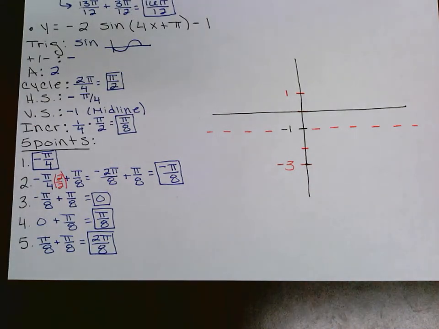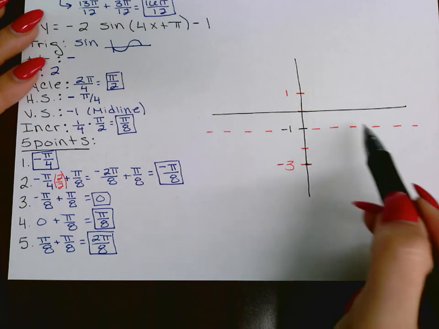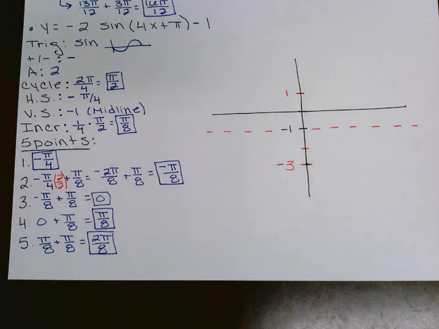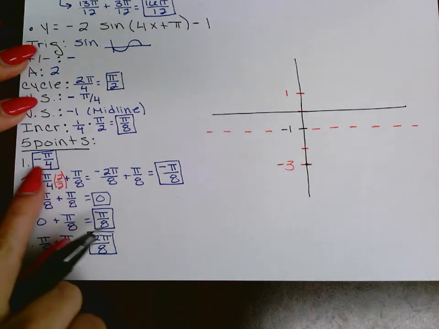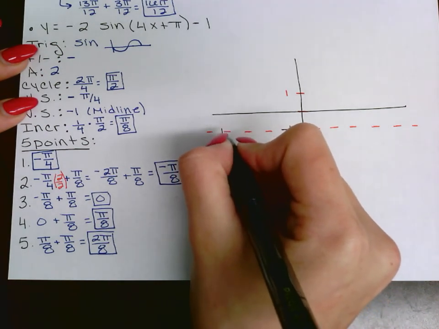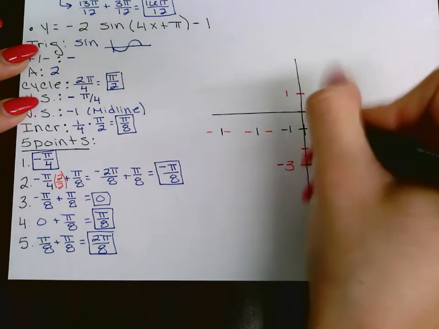All right, so now all we're missing is our 5 points. I've had students in the past that like to still draw their 5 points on the x-axis. I have students that like to draw it on the midline so that they see it the same visually every time, okay? Either one is fine. So remember, 2 of your points are in the negative. So I'm going to draw 1, 2. My third one is on 0.